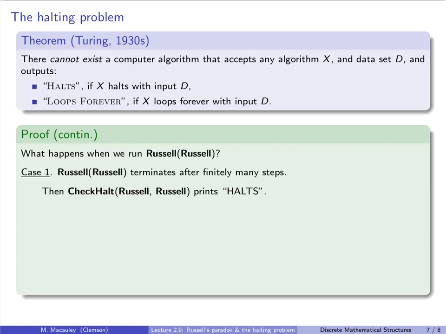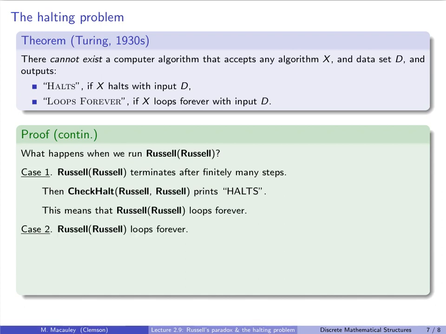It inputs the program Russell and the data input Russell and says, does it halt or does it loop forever? And if it terminates, it prints halts. However, by construction of Russell, this means that the program Russell with input Russell loops forever. By construction, it gets stuck in that while 1 loop.